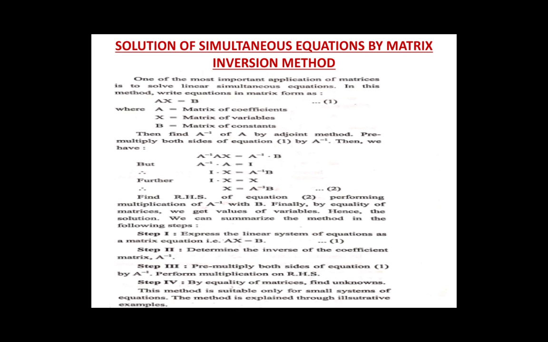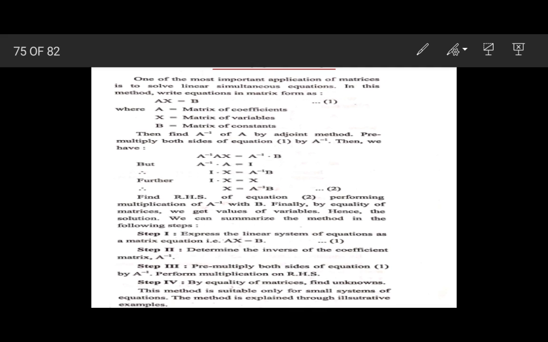Okay, so how can we find the value of variable by using the inverse of a matrix method, or inversion method of matrix? For that we have some mathematical concept. What is the mathematical concept? We can write the given equation in the form of AX equal to B, where A, X and B, all three, represent a matrix.